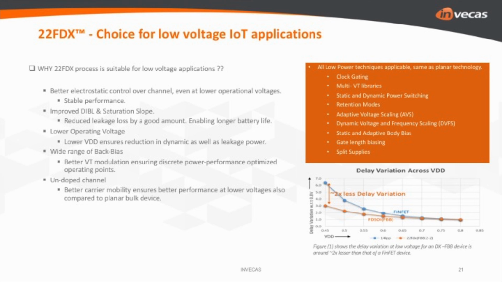So all low power techniques are applicable, same as in planar technology: clock gating, multi-VT libraries, static and dynamic power switching, retention modes, adaptive voltage scaling, dynamic voltage and frequency scaling, static and adaptive body bias, gate length biasing, and split supplies.